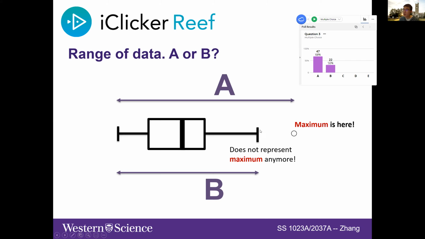So that is not the real maximum that we discussed. So that's very important. In a question, if I ask you what's the range of this box plot, you have to know that I'm talking about this length rather than this bar length.